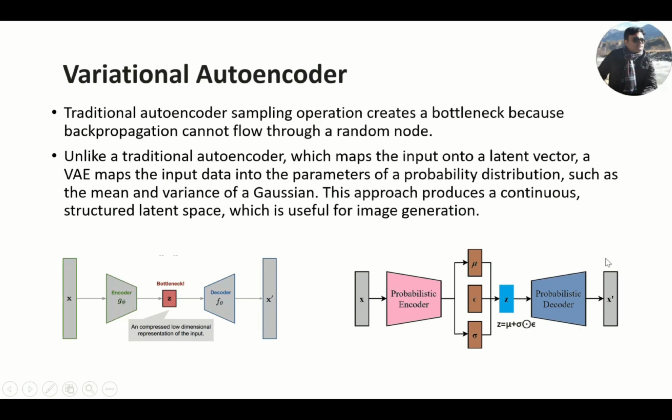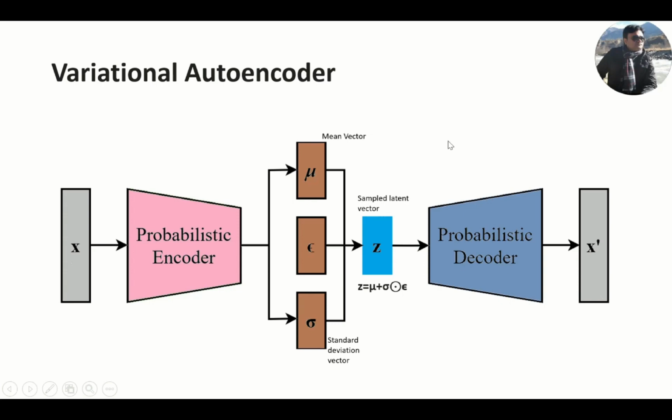Okay, so this is the difference. Here we have a fixed length vector as an input for the decoder, but here we are getting a distribution, which is a continuous structured latent space. Okay. Here in this image we can see the details of the components.